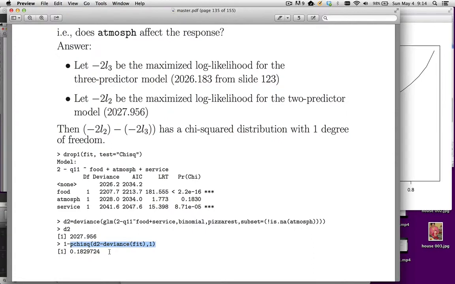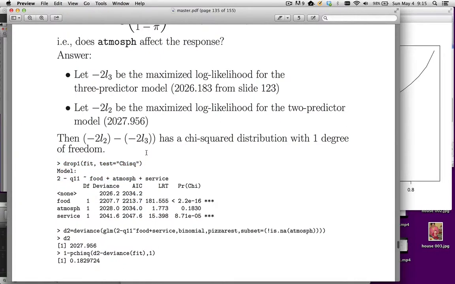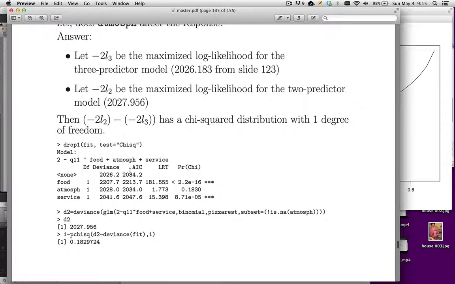Estimating the full model and then estimating the reduced model is a bit of work. R will automate that for us with the drop one command. If we go back to the original fit, the fit from the pizza restaurant slide on page 123 that we just looked at, and do a drop one on that with a chi-square test, this is what we get.